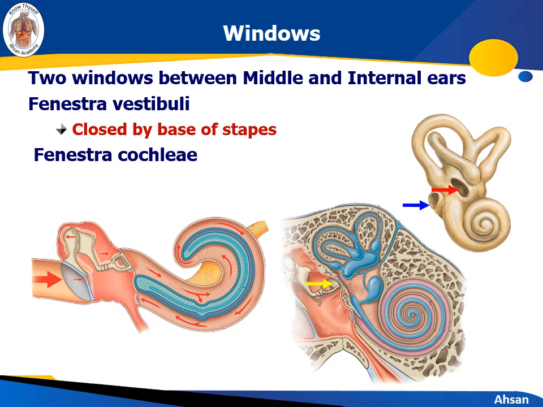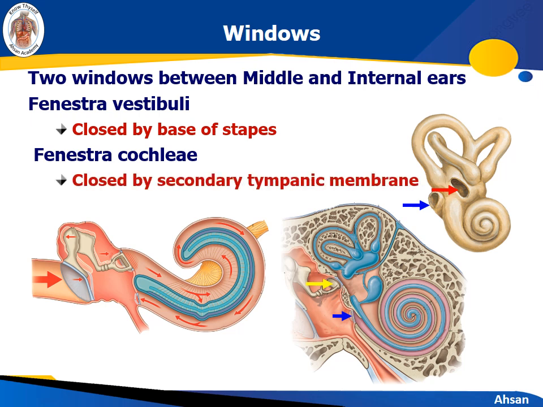So in the bony labyrinth, the red is indicating the fenestra vestibuli. It is closed by the footplate of the stapes, and the secondary tympanic membrane covers another opening. This is the fenestra cochleae, and it is closed by a membrane.